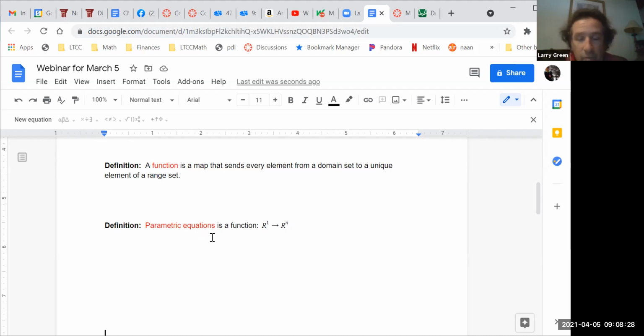So a parametric equation is a function that takes R1 and sends it to Rn. In this section, Rn will be R2. So what that means is that you give the function a number, and the function is going to spit out 2 numbers. Because that's what R2 means. It means a list of 2 numbers, an ordered list. Any questions on this idea?